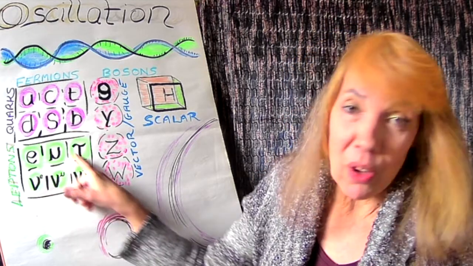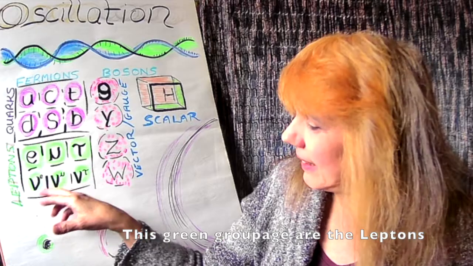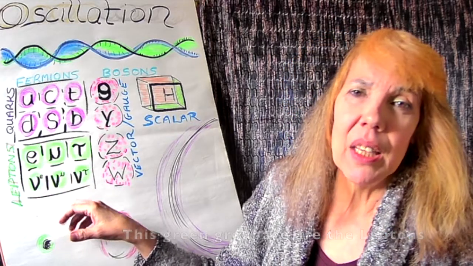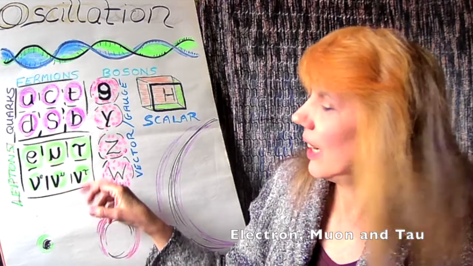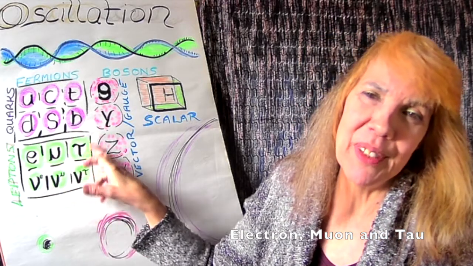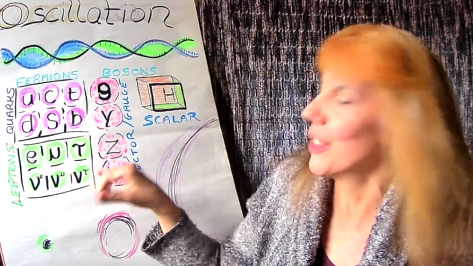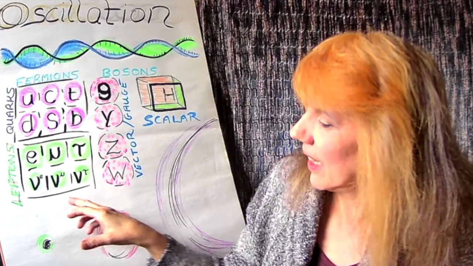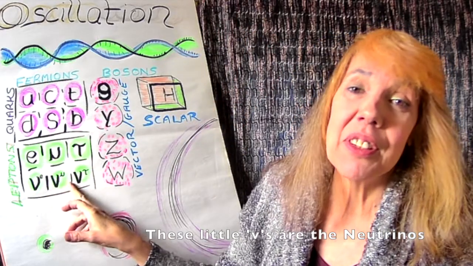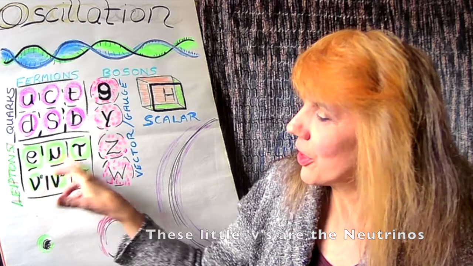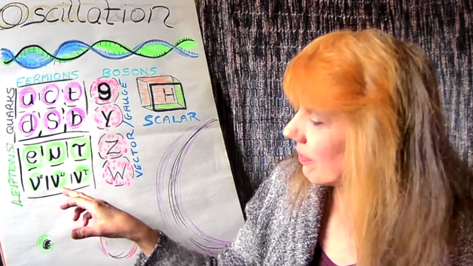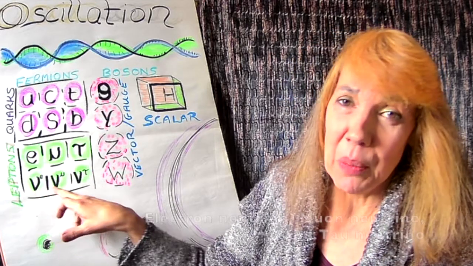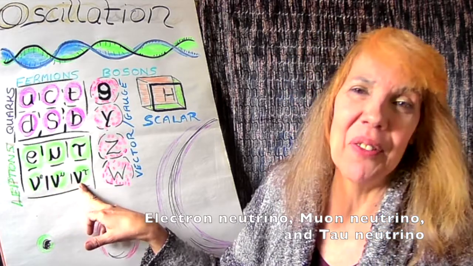These are the leptons, and the electron is here. There's the electron. The muon is this kind of reversed U, and the tau, this beautifully calligraphed T. These are the neutrinos that correspond to these particles in some way, for some reason. This is the electron neutrino, the muon neutrino, and the tau neutrino.